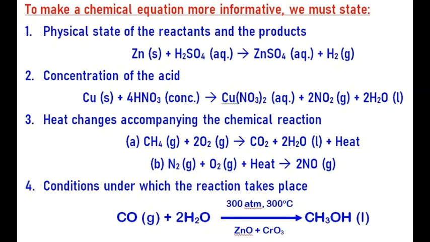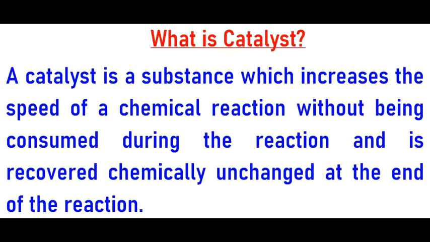Otherwise, this reaction will not take place. And also we must use zinc oxide and chromium oxide as catalyst. We are coming to that, to produce CH3OH, which is liquid. Now, about this, what is the catalyst? We must specify this. Let's look at the definition.